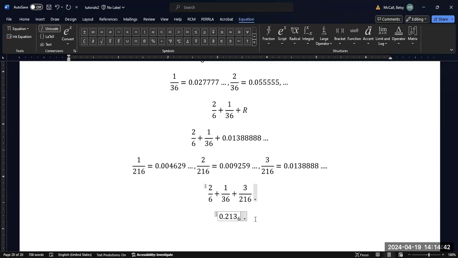Denominators that don't divide evenly by 2 or 5 are going to get continuous decimal expansions. And the rules are going to be slightly different when you're in base 6 versus base 10, obviously. But we ended up in this case with an exact decimal representation of 3 over 8 in base 10 represented as 0.213 in base 6.